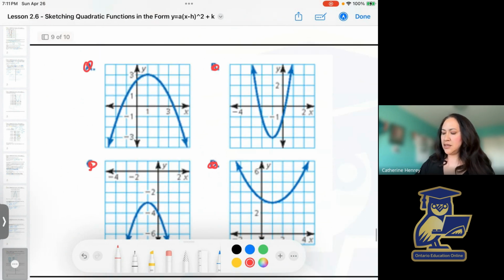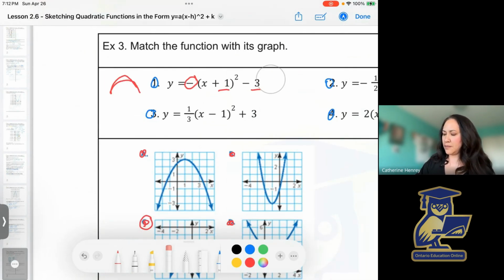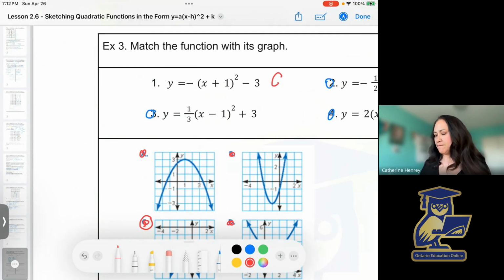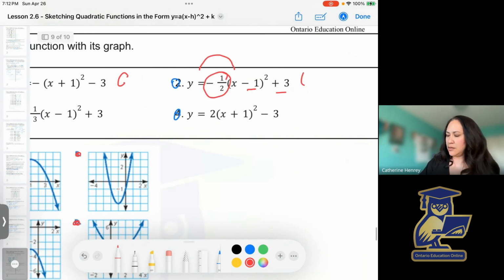And in this case, that is C. So number 1 is C. Similarly, for number 2, again, we have a negative value for A. So we have a parabola that opens down, and the vertex here is (1, 3).